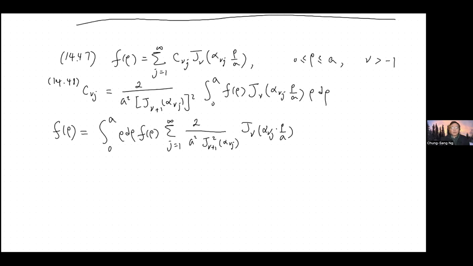So we can put rho prime, rho prime, rho prime. Okay, and now we finally multiply by this one, J nu of alpha nu j rho over a. Okay, and so that's all this.